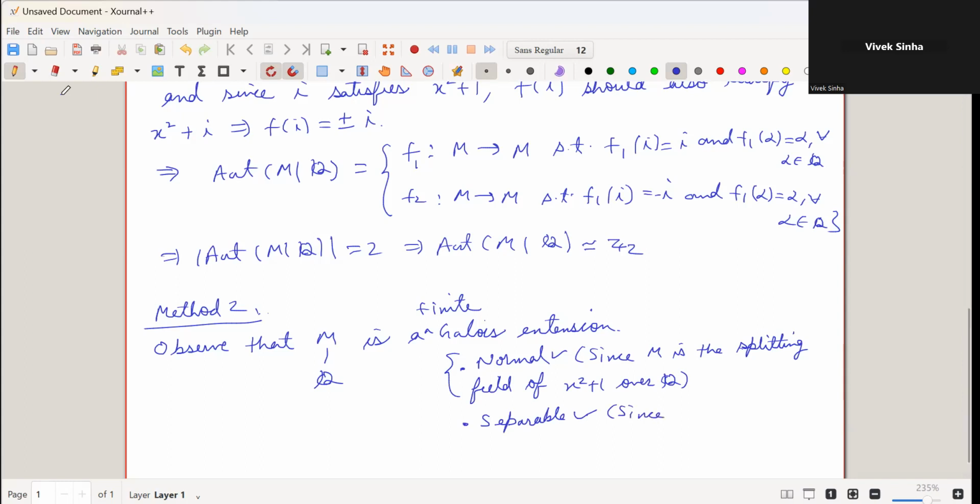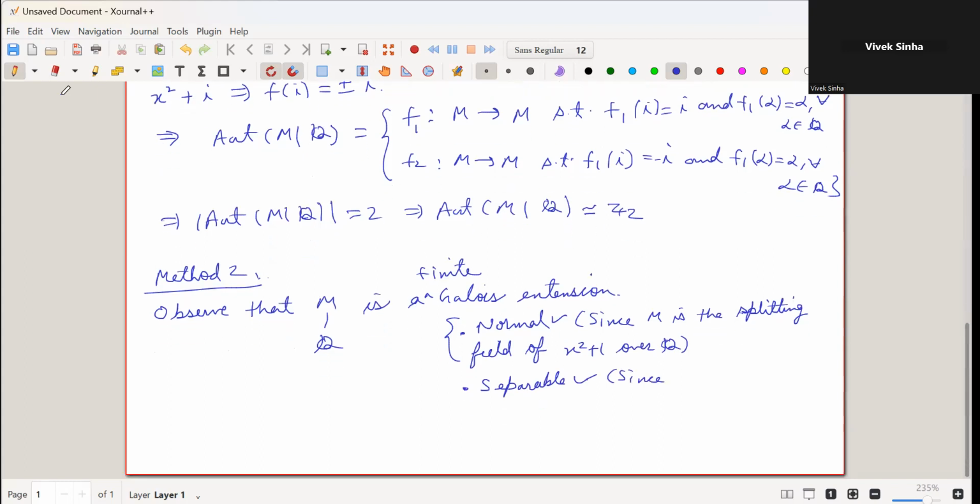And why is it separable? Since the characteristic of Q is equal to 0, and for characteristic 0, any algebraic extension is separable, and M over Q is an algebraic extension, right?